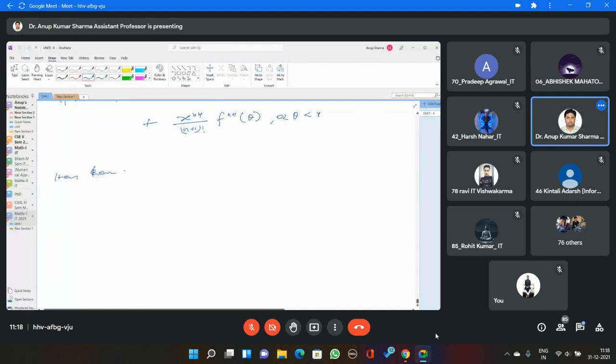Here, if we write the remainder after n terms, or remainder of order n, as Rn equal to h to the power n plus 1 upon n plus 1 factorial times f of n plus 1 of theta. The nth derivative of exponential e to the power x is the same thing, and we take e to the power theta.